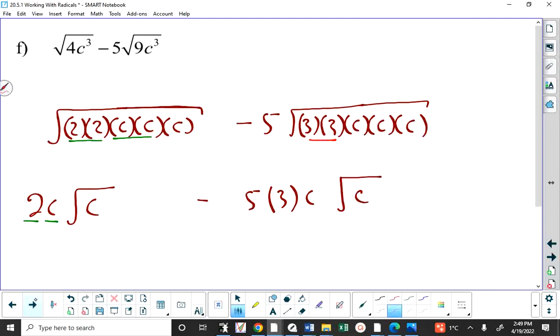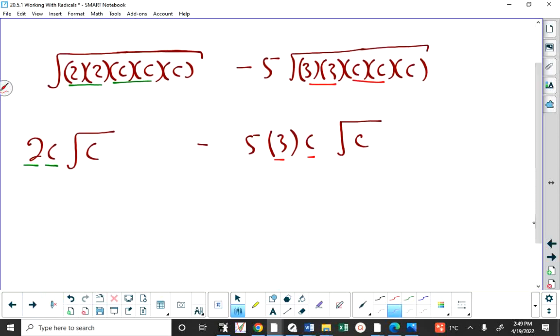Again, pair of 3's comes out, pair of c's comes out. So we are left with 2c root c minus 15c root c. And the question is, what can we simplify this to?